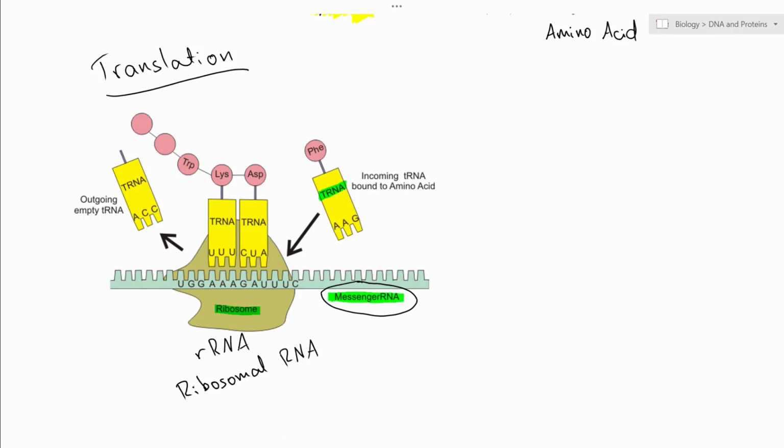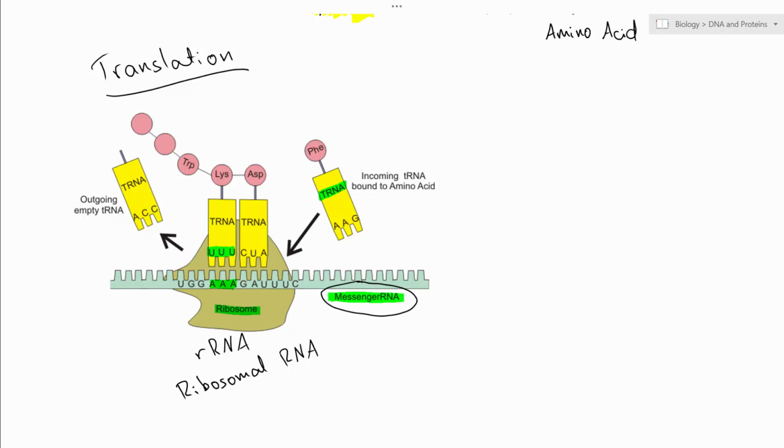If we look here at one that's already matched up, this tRNA molecule has an anticodon of UUU. This would be the codon here on the mRNA, AAA. They bind in a complementary manner. So this is how a particular tRNA molecule is able to bind to a codon via its complementary anticodon.